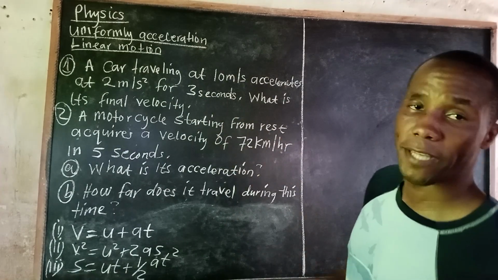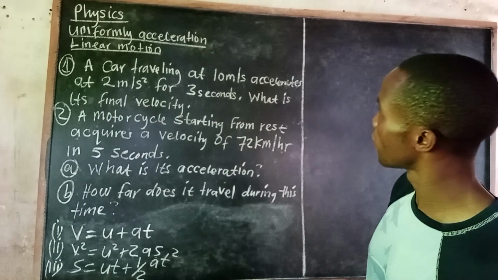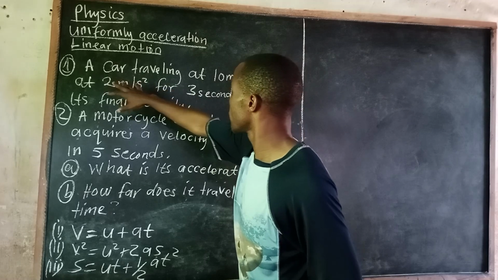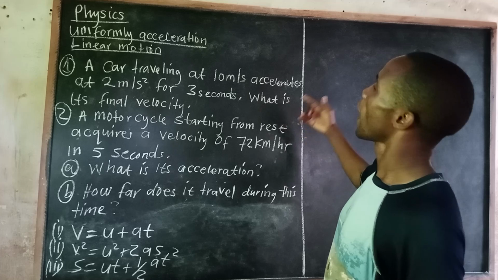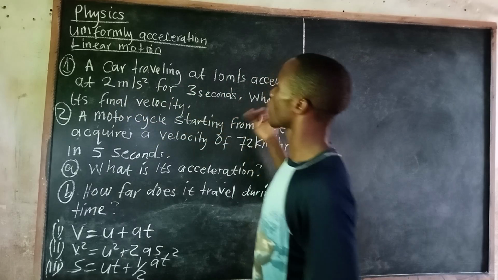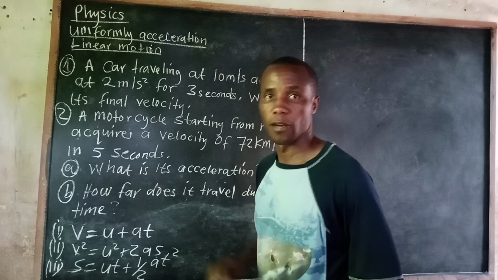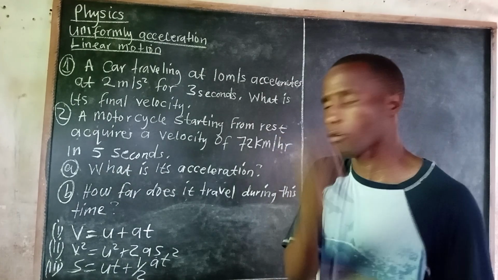So now let us go back to the question and see how we are going to apply these formulas. A car traveling at 10 meters per second accelerates at 2 meters per second squared for 3 seconds. What is its final velocity? Now it's you to identify the formula that you are going to use.